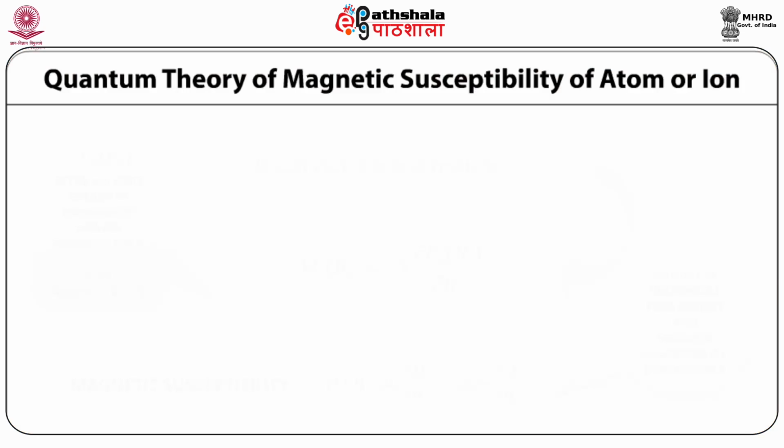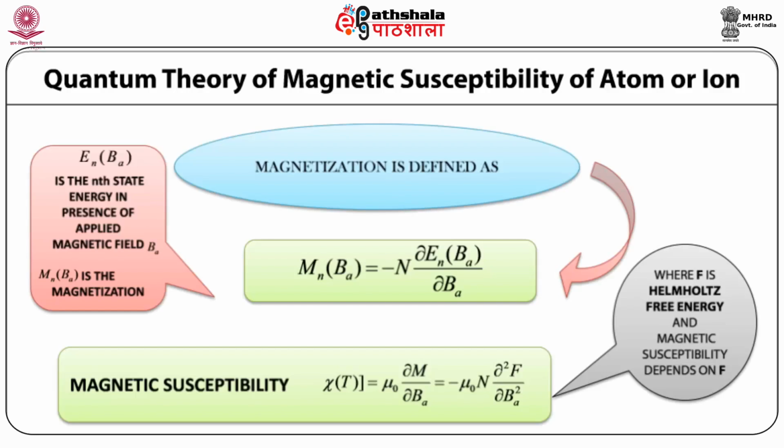So we will start here with the quantum theory of magnetic susceptibility of an atom or ion. Now consider a system at temperature T equal to 0, having n magnetic ions per unit volume.